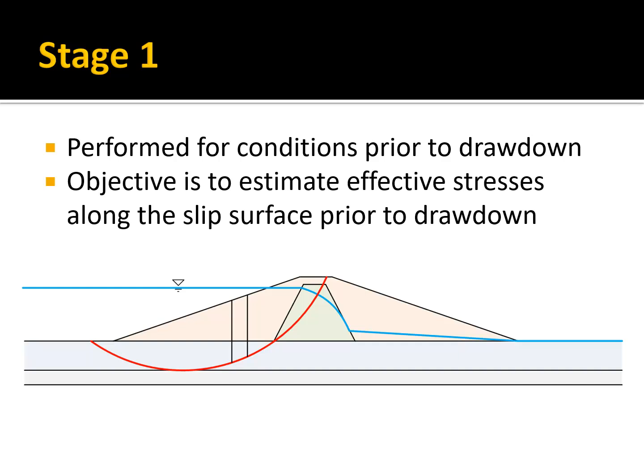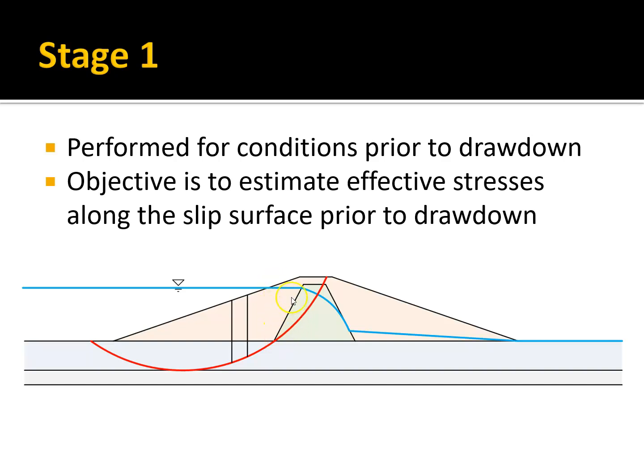Again, stage 1, we do this for conditions prior to drawdown, and so we take this phreatic surface here. Again, the best way to do this is with seepage analysis, but even if you don't have a seepage analysis, you can calculate the pore pressure based on the distance.